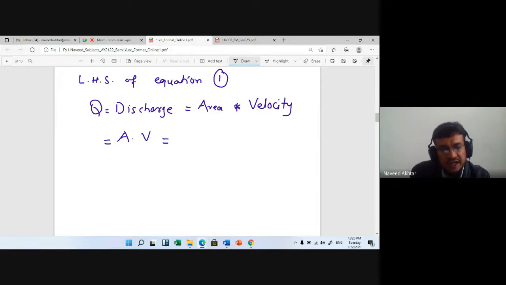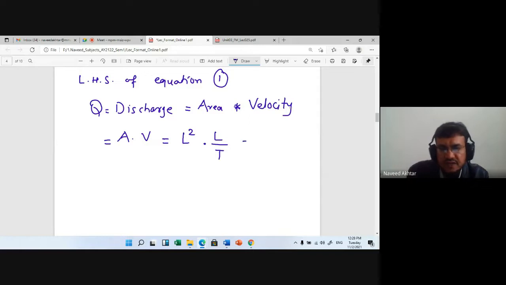And you know that the dimension of area is length into length, which means L square. And the dimension of velocity, we are measuring in meter per second, which means length upon time. Time we measure in seconds, and meter means length. So what is the dimension of this discharge?